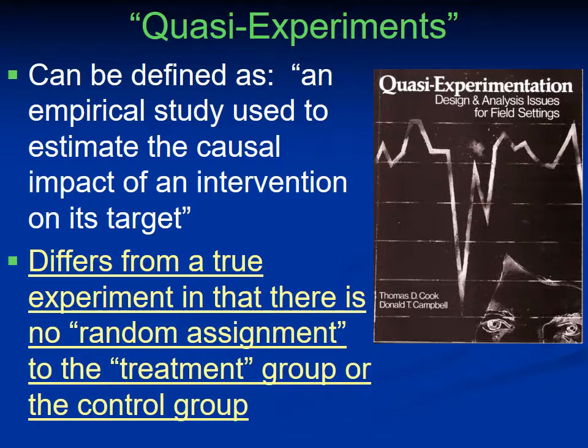But the one thing that's missing is the element of random assignment to the treatment group or the control group. So instead, in a sophisticated quasi-experimental design, the researcher does control which subject he or she puts into the control group and the treatment group. But instead of random assignment, there are going to be other criteria of assignment with a quasi-experiment.